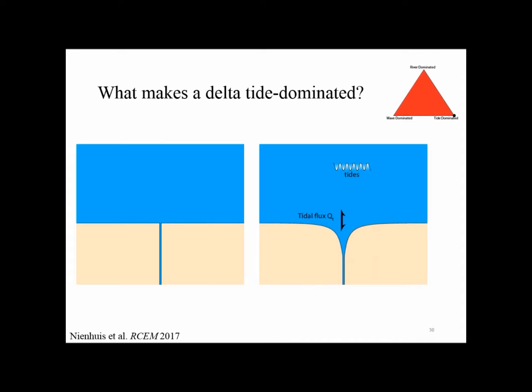If you have a very simple sketch here again, you see that tides go up and down. They move discharge in and out of the river mouth, and that extra discharge needs extra channel width, and that's why this river mouth is wider. So similar to our wave dominance metric R, for tides we can say that if we have a prediction of how much wider the mouth is, this should be some signature of tide dominance.